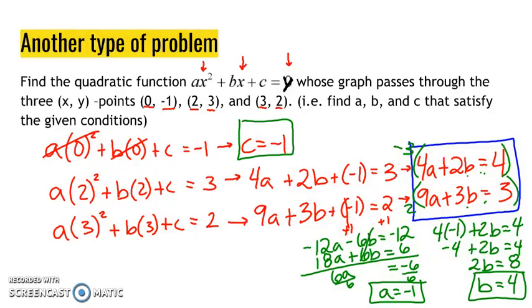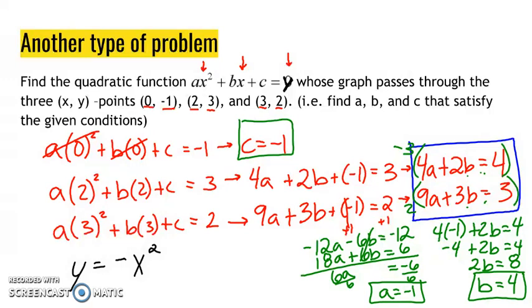And the way that they're going to ask for your answer on this one is they're going to want it in the standard form. So we've got our y equals ax squared plus bx plus c. But now I know what my a, b, and c are. So for a, I'm going to have a -1 x squared, which I can just write as a -x squared, plus bx.